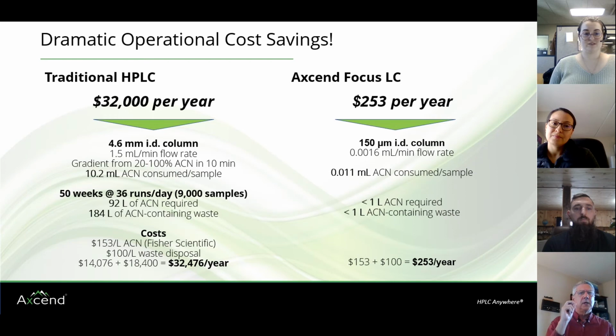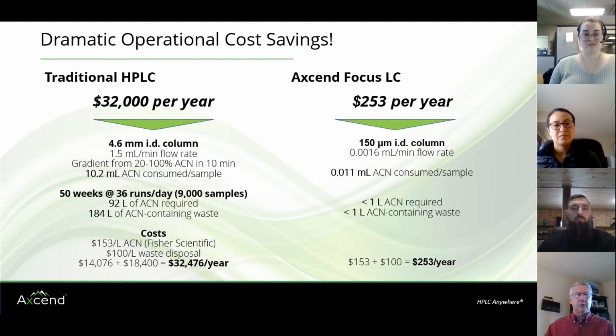What matters is the ratio. Whatever you pay, you're going to cut it in half or better, and then you're going to cut it again. For every dollar you spend buying HPLC solvent, you typically spend $1 disposing of solvent. We can cut that from, in this model, $32,000 per year to $250 per year.